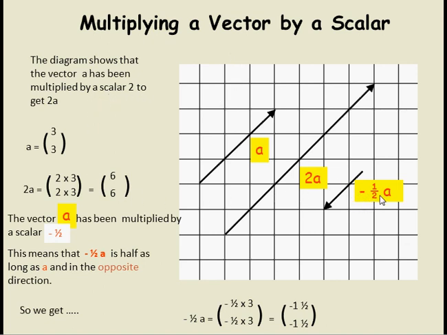If we multiply by -1/2, the magnitude is halved, and also the direction is directly opposite. Okay, the opposite direction. If you look at the numbers here, a is (3, 3), 2a is (6, 6), and negative half a is (-1.5, -1.5).